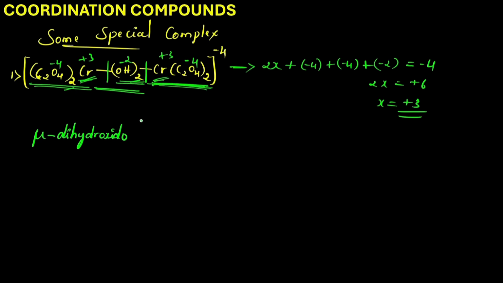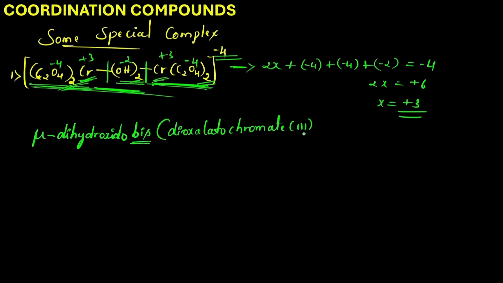Therefore, the special prefix bis is used. Next, we have to write the name of the ligand. How many ligands are there? Here two ligands and here two ligands. Therefore, we have already used the prefix bis. Therefore, you have to write now dioxalato. Since the complex is an anionic complex, therefore the name of the metal should end with ATE. Therefore, it is dioxalato chromate 3.